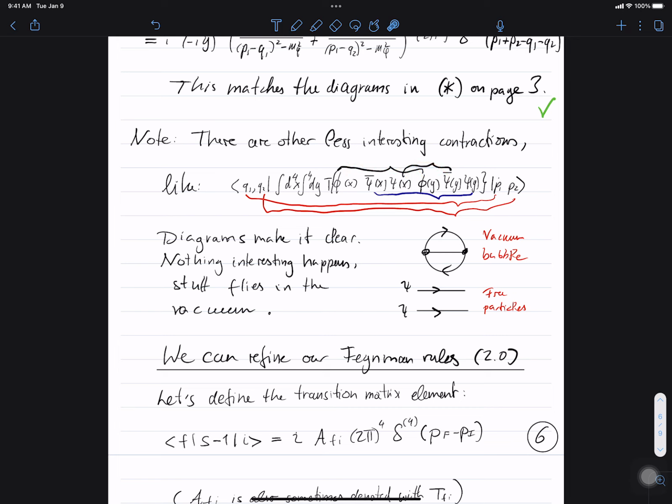It's actually that the external fields are just free propagating particles, and those are like a propagator contraction of the fields themselves, and it gives us a so-called vacuum bubble, a vacuum amplitude, which renormalizes the vacuum energy. But we have set the vacuum energy to 0, and all other quantum corrections to it are also set to 0 by the appropriate introduction of an arbitrary constant. So this is not an interesting diagram, really.